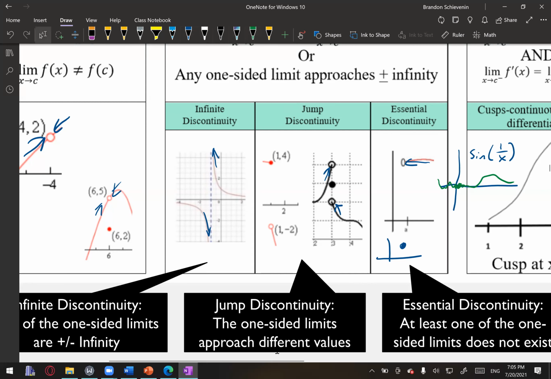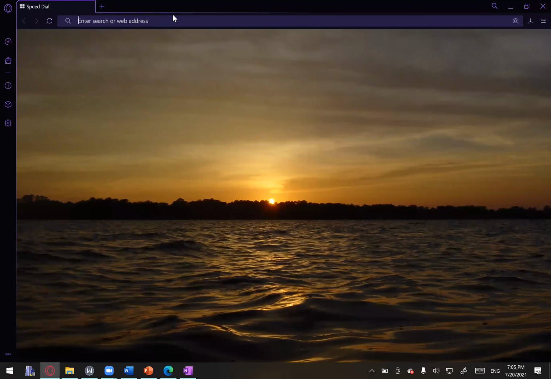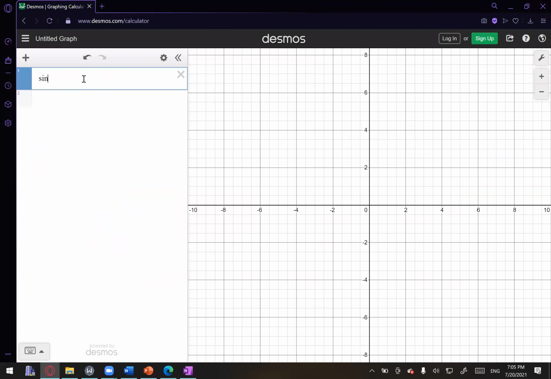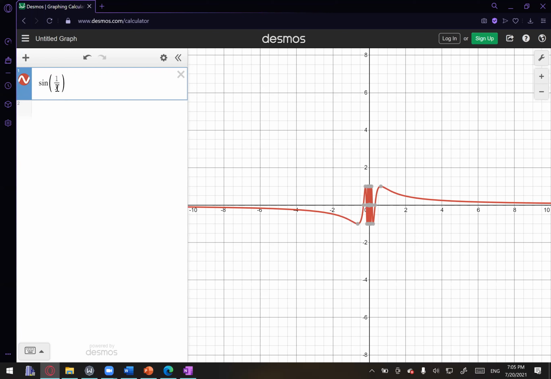Okay, I'm going to go ahead and graph that just so we can see what happened. So this is the graph of the sine of 1 over x. If I plug in a number that's really close to 0, I'll be dividing by a super small number.